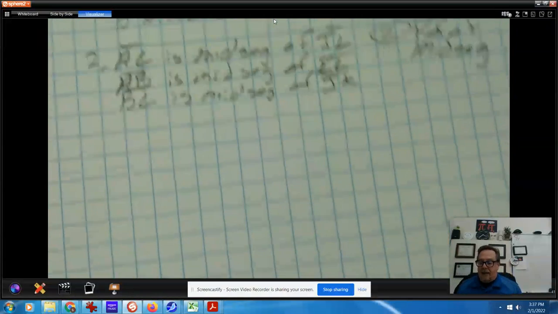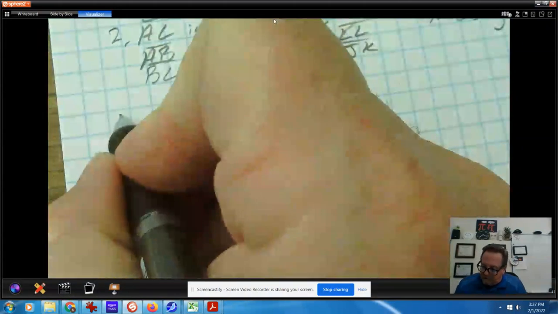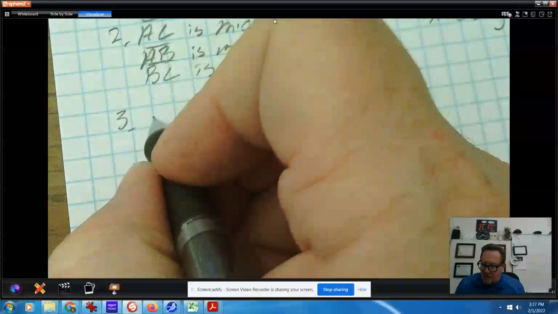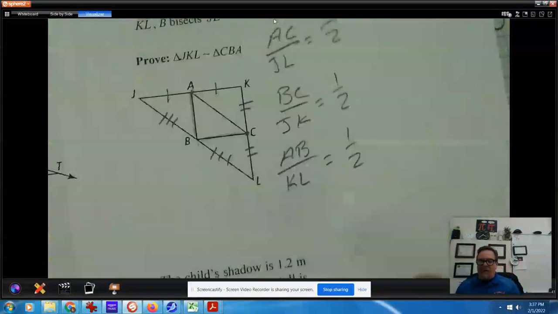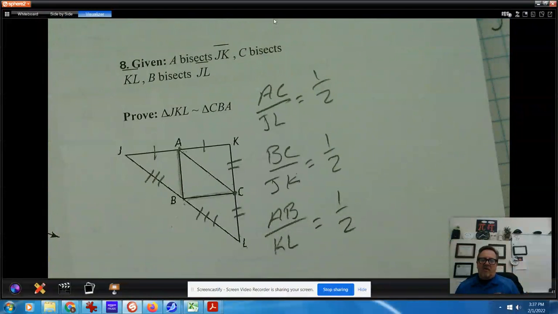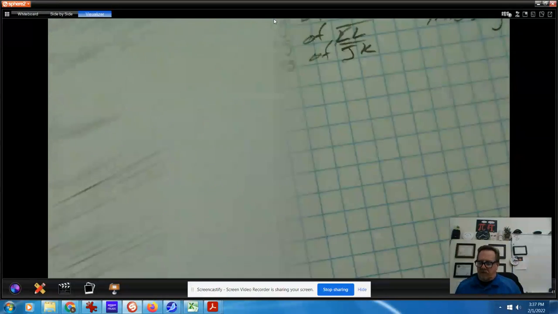All right. So, now I can go ahead and say, okay, just like we were saying before, just like I wrote down, because I was writing my little notes here going, I wonder how we can do this. I'm going to write each of these ratios down. Okay? AC over JL is 1/2.